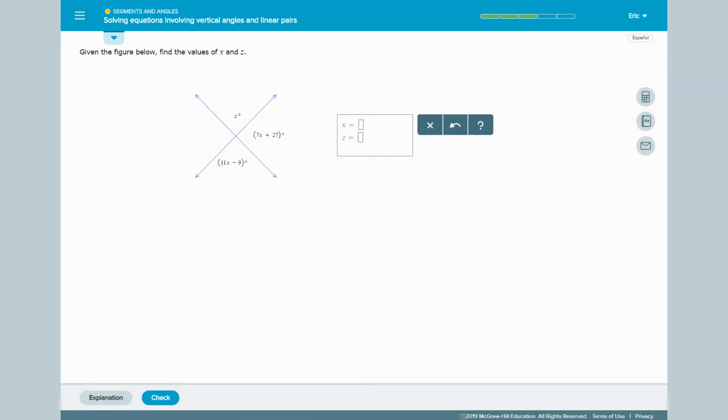I'm going to just do this very quickly because the point is given. What has the same variable? Well, b and c. And what are b and c? They're linear pairs.